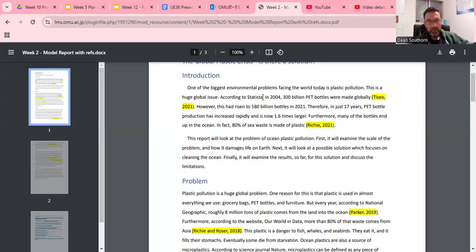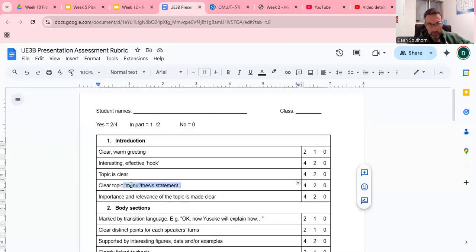Okay, so a few things there. The functions of the introduction: introduce the topic, but we do it in an interesting way to get maximum points. The other thing is to say which direction the presentation is going to go after, and we do that with a menu or the thesis statement.